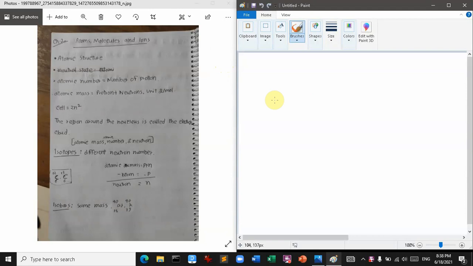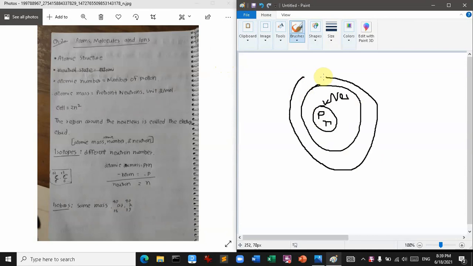So we all know what an atom is. An atom is the smallest unit or bit of any substance or matter. An atom has three parts. The first part is the proton, and there is the neutron, and this whole region is called the nucleus. There's another layer, which is called a shell, and the number of shells varies according to the atom.